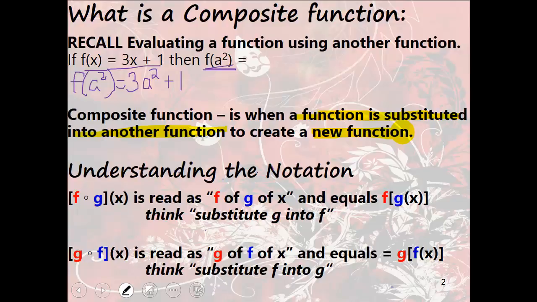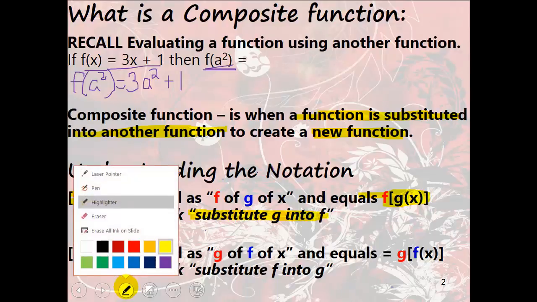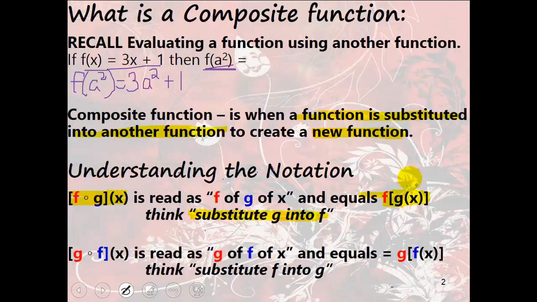This first one is read f of g of x, and it says that I'm going to substitute g into f. I like to write it in this notation because it tells me plug g of x into f of x, or evaluate f at g.